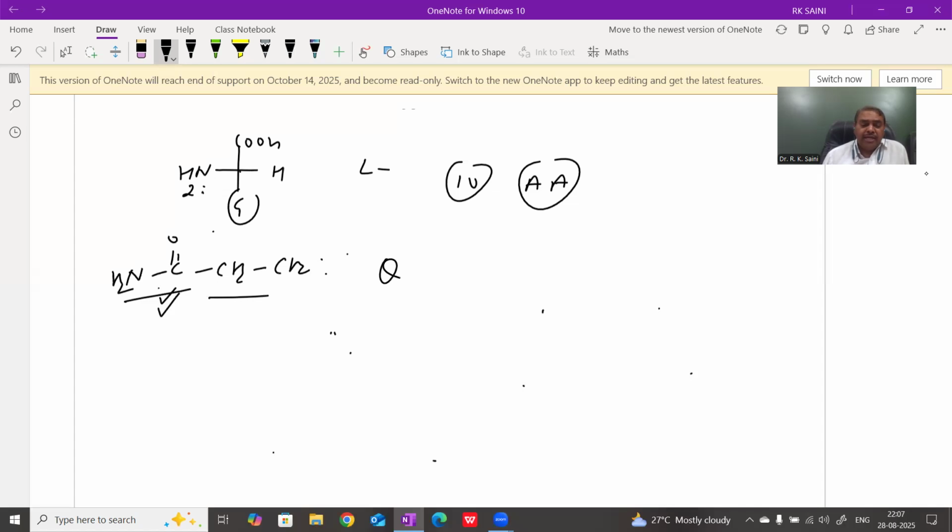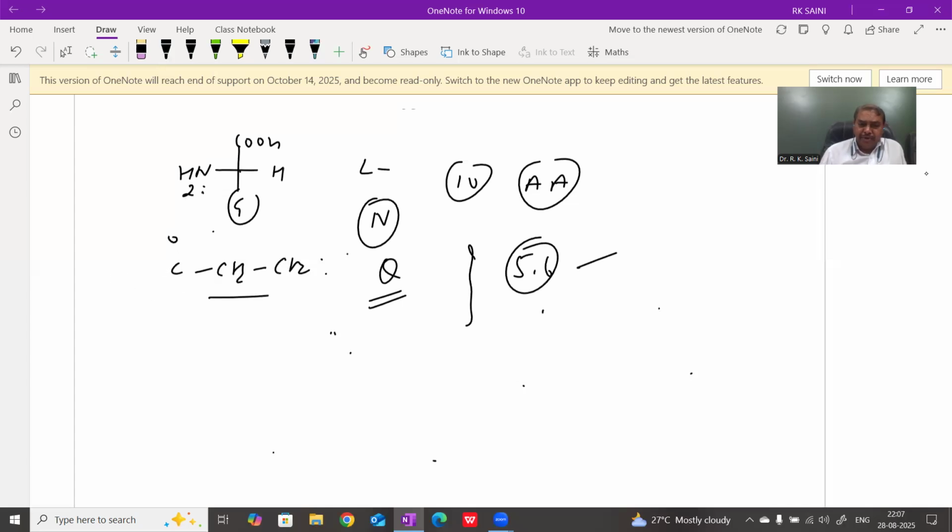Asparagine is denoted by N, and glutamine is denoted by Q. Their pH is nearly 5.6, slightly acidic.